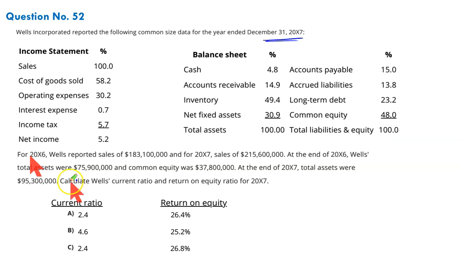What we need is the current ratio, current assets upon current liabilities. We also need return on equity, that is net income, which is already given, but in percentages, upon equity. Current assets means I need cash, accounts receivable, and inventory.